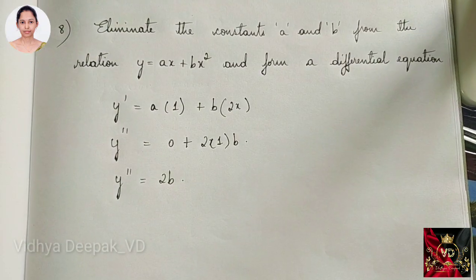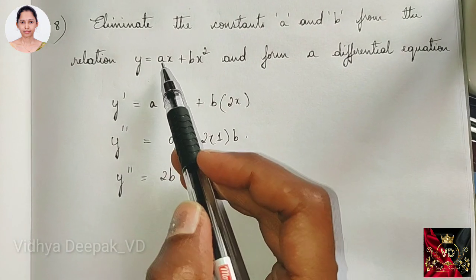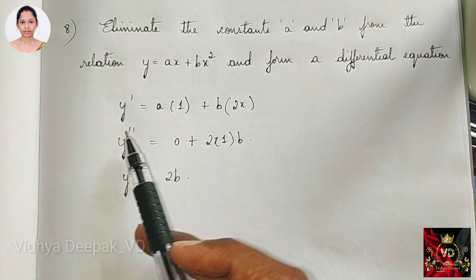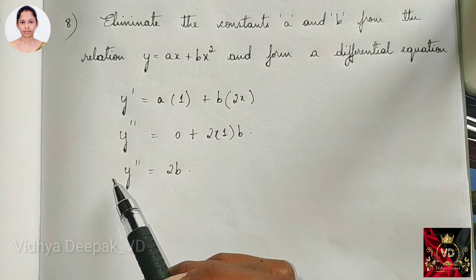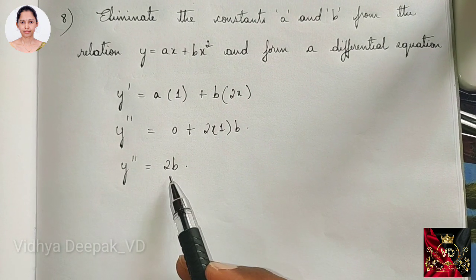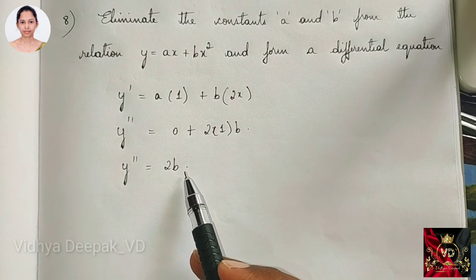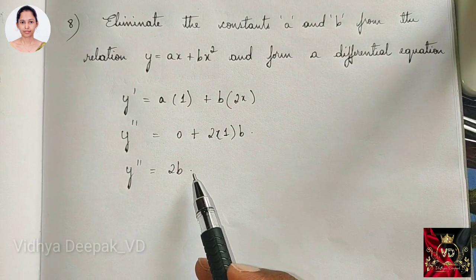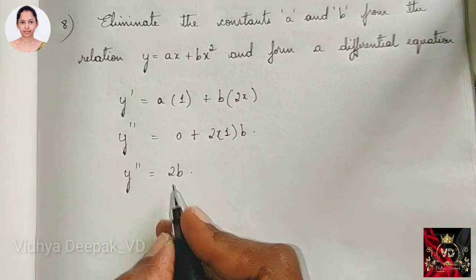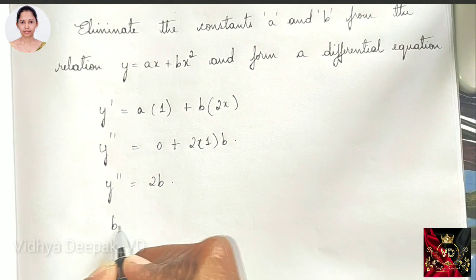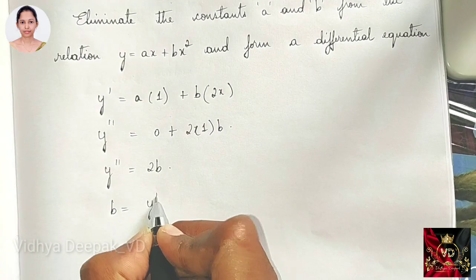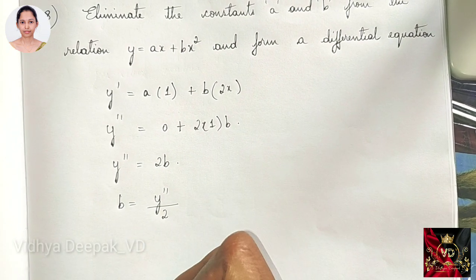But we know that if you are having two constants, we will have two derivatives, right? So after differentiating twice, we are still not able to eliminate the arbitrary constant b. Okay, so in this type of cases, we have one more method. That is, what is b from this? b is nothing but y double dash divided by 2.